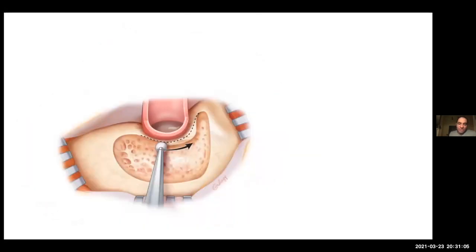Suffice to say that there is a two-stage approach to mastoidectomy. There's removing the lateral part, where you're looking out for the sigmoid sinus and the tegmen at the roof of the ear canal, and preserving that posterior canal wall.